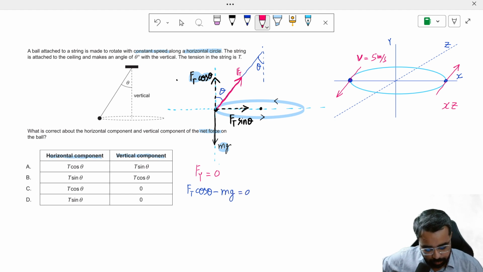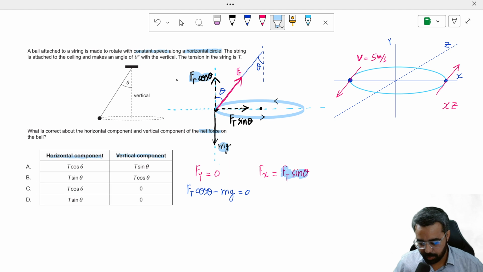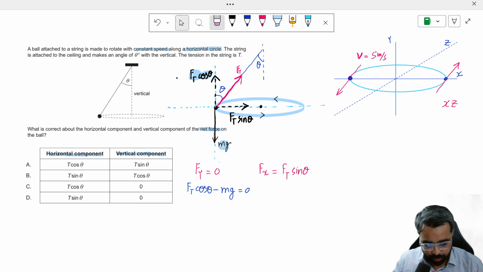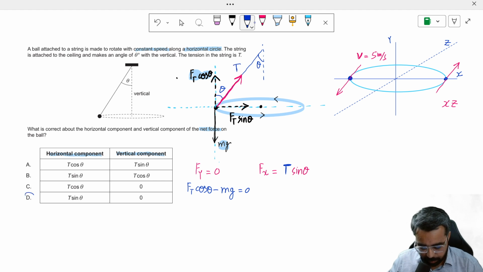And what about the forces along the x-axis? There is one unbalanced force, FT sine theta, which is basically the centripetal force in this question. Tension is written as T in this question, so that's T sine theta. So our right answer should be T sine theta, because the vertical component is 0 and the horizontal component is T sine theta.